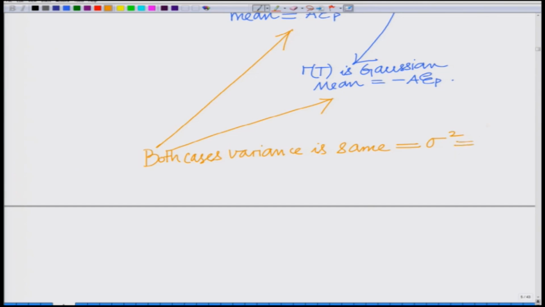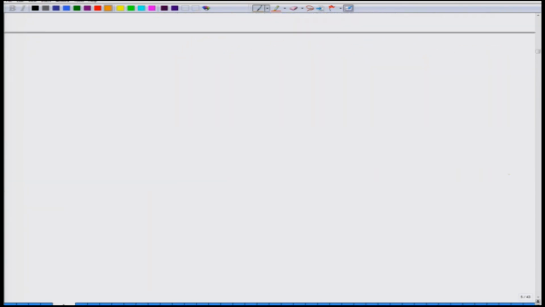We will call it sigma square, which is eta naught by 2 times E_p for the matched filter, as we have shown above.